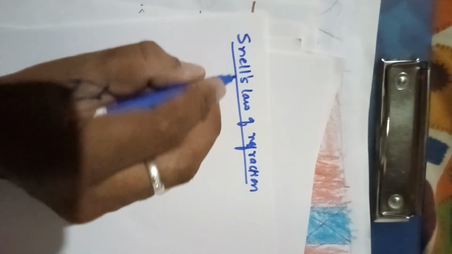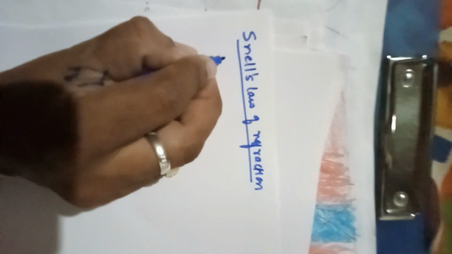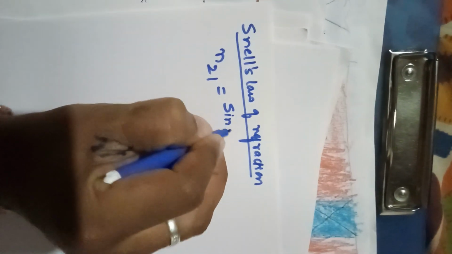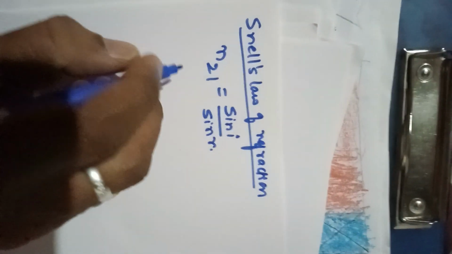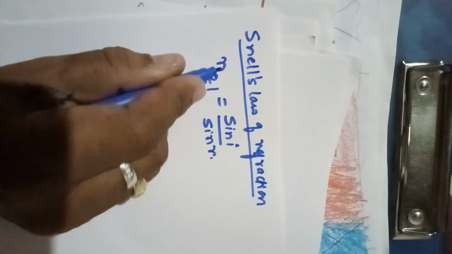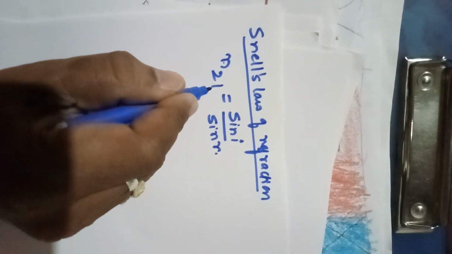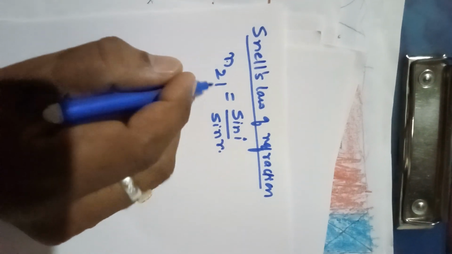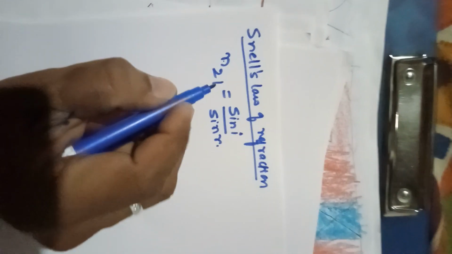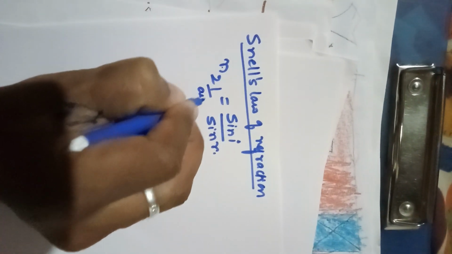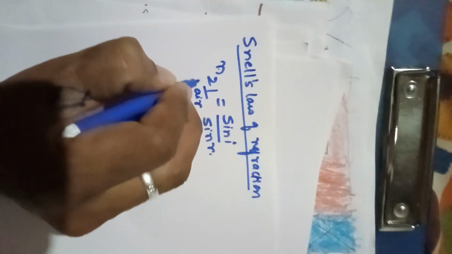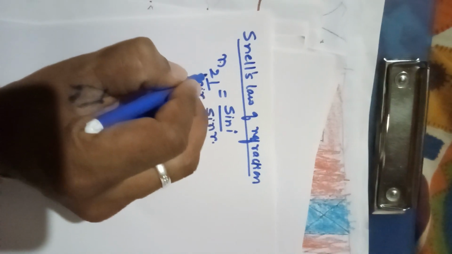The mathematical form of Snell's law of refraction is given as n21 is equal to sin i by sin r. Refractive index of second medium with respect to first medium. Here if you see, the first medium is air. The second medium, if you take glass, second medium will be glass.